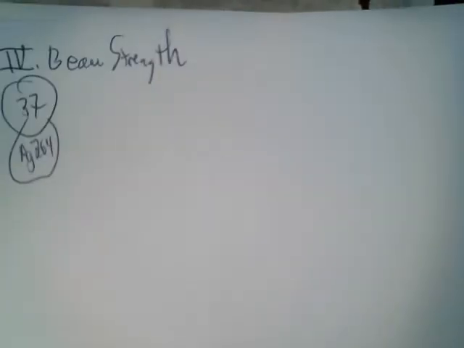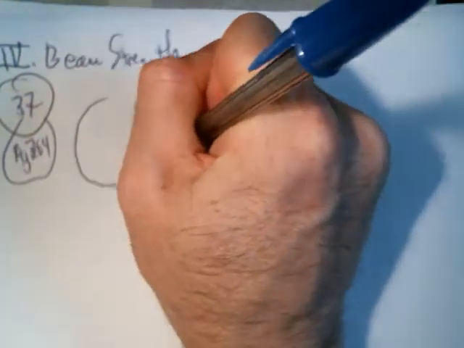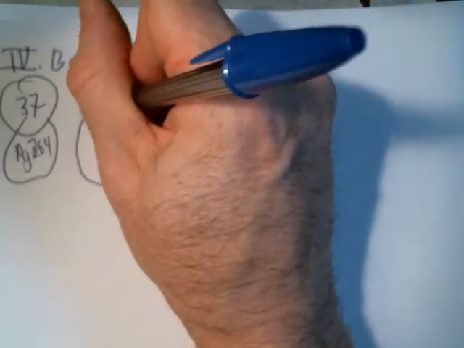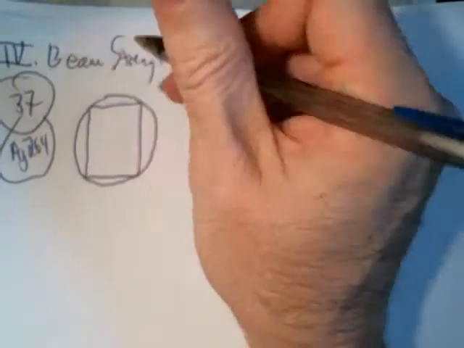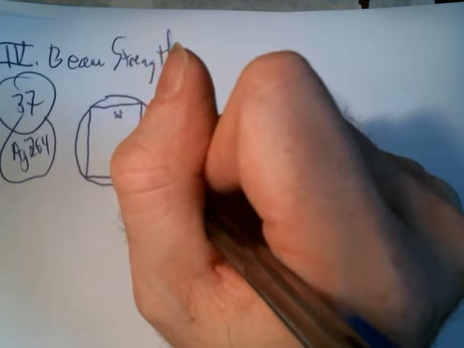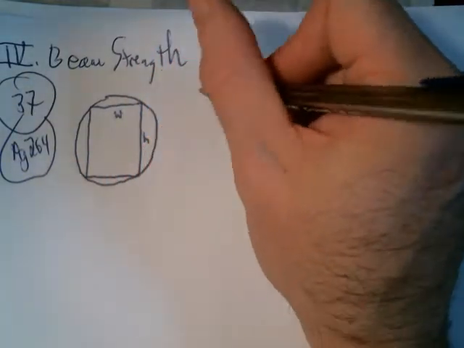And it says, the wooden beam has a rectangular cross-section of height h and width w, and they show us a figure. So it's a cross-section of a piece of wood, a log, and they have a little box drawn in here where this is w and this is h, and then the strength S of the beam is directly proportional to the width and the square of the height.